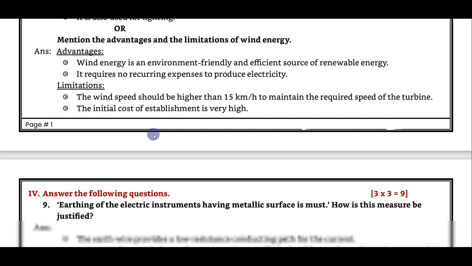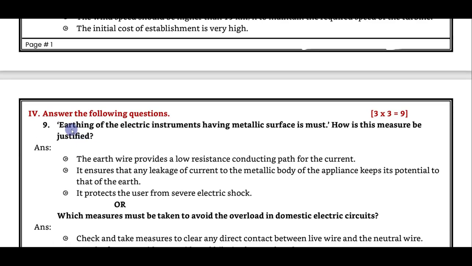Earthing, next main 3 mark question. The earthing of the electric instruments having metallic surface is a must. How can this measure be justified?